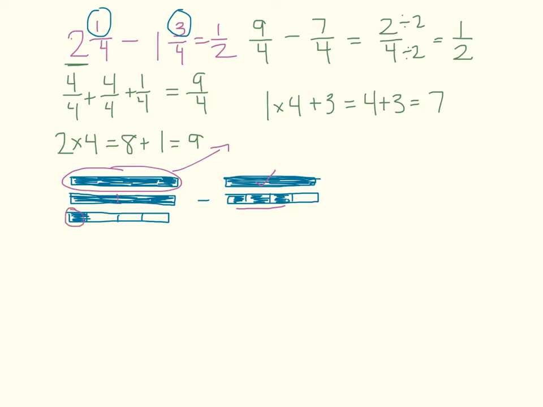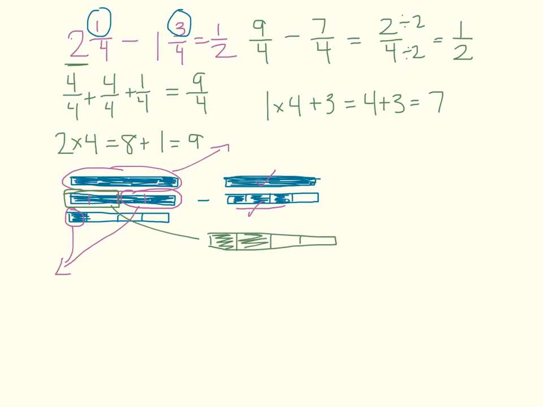So we need to take this one and split it up into fractions so that we can take 1, 2, 3 and take those away to represent the 3 fractions that we're taking away. What we have left then is this part here, which is 2 out of 4.